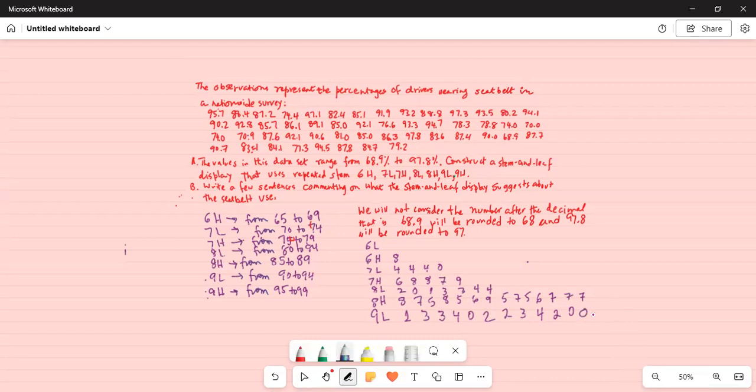Then there is a 94.7 in the fifth row, first entry. Then there is a 94 in the fifth row, another 94.